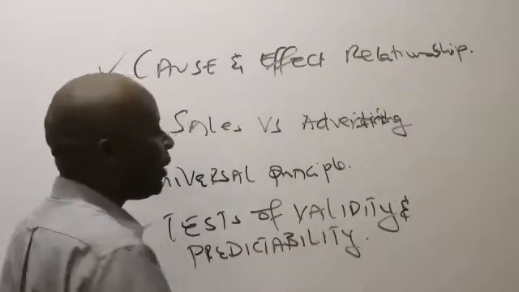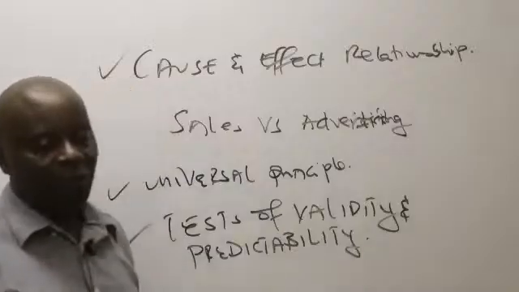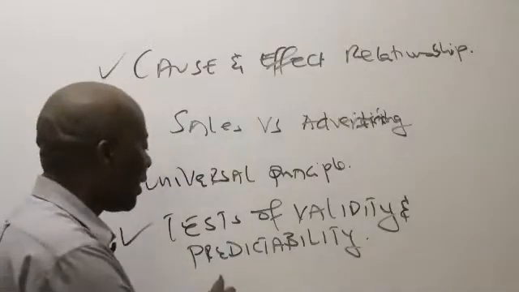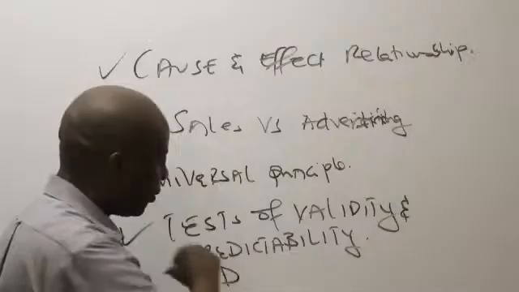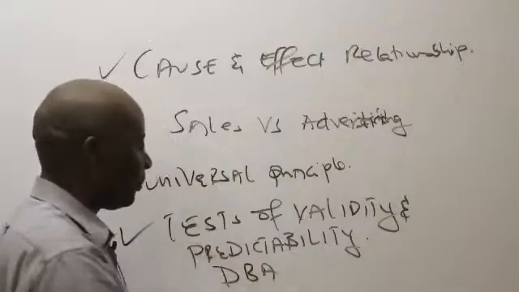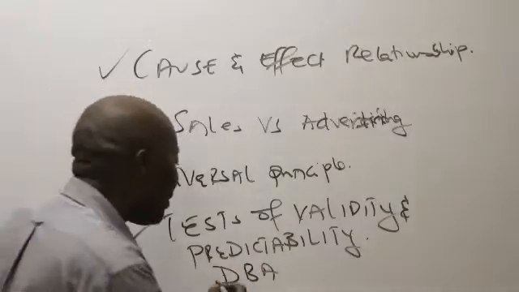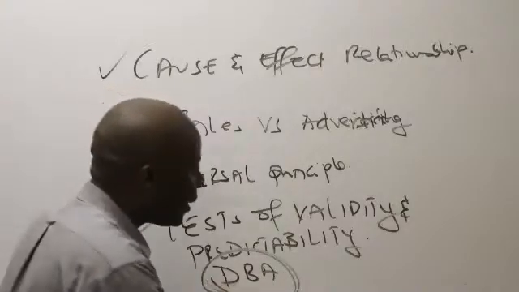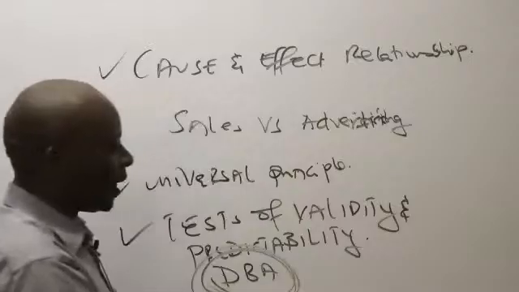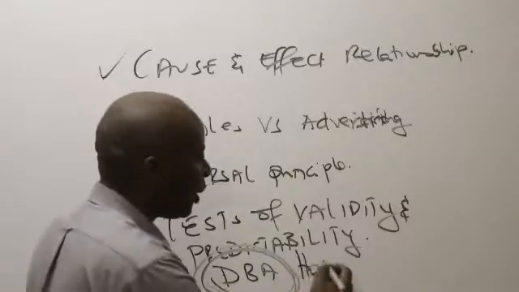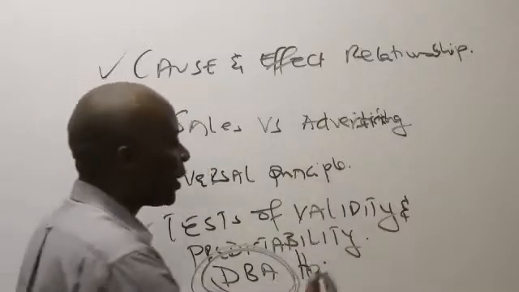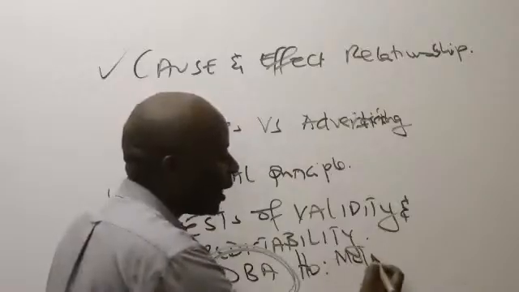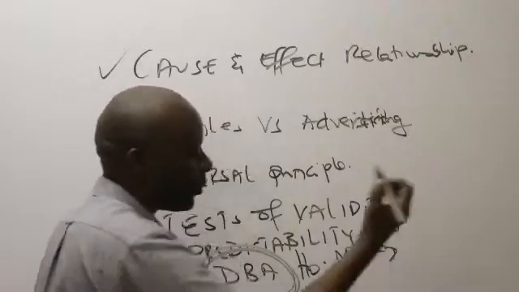For those of you who have done your MBAs and PhDs, if you are doing a doctorate in business administration, management, you're going to come up with a concept paper. You're going to come up with a hypothesis, for example the null hypothesis: the more I motivate my workers, the more the productivity.